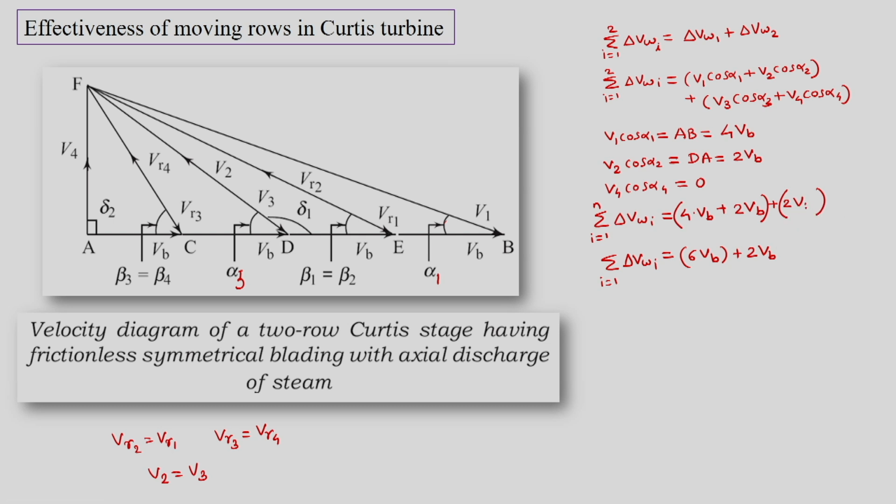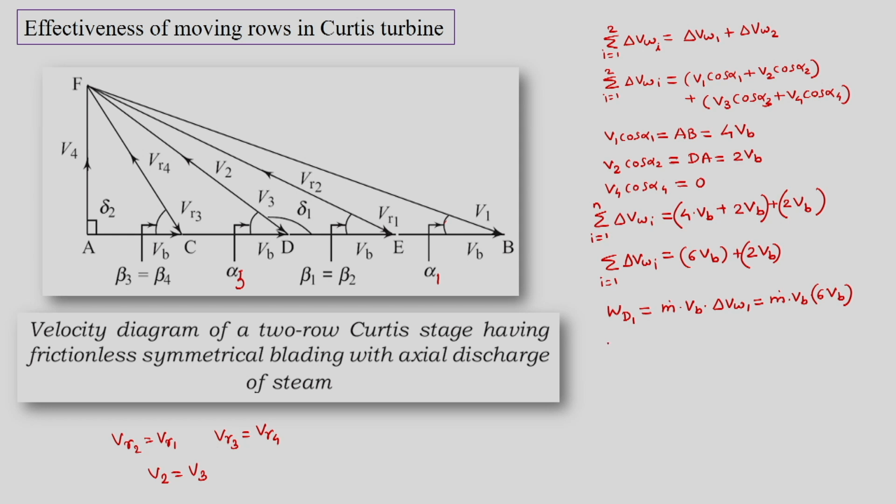Here we can see that this corresponds to the first stage and this corresponds to the second stage. Now if I want to find out in isolation the work done for the first stage, suppose WD1, the work done for the first stage is m dot into VB into delta VW1, and this turns out to be m dot into VB into 6 VB.